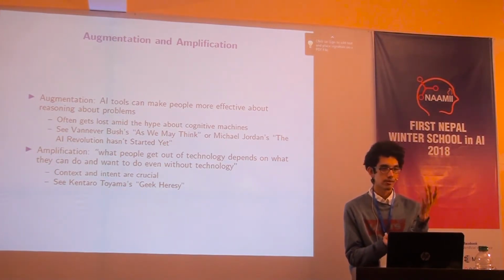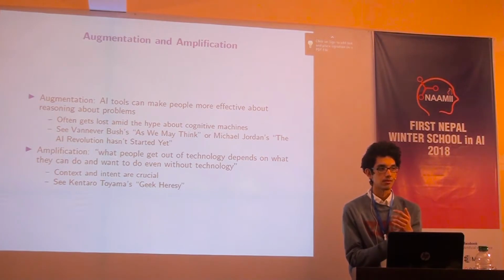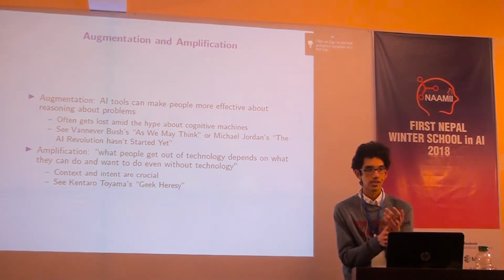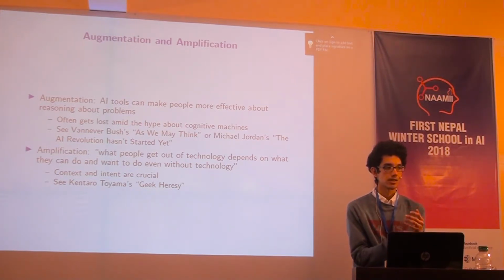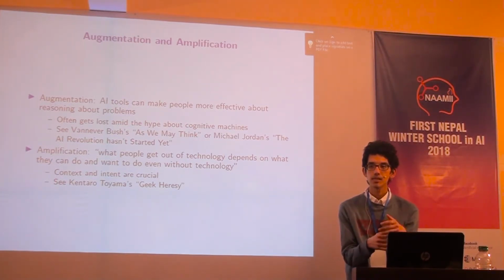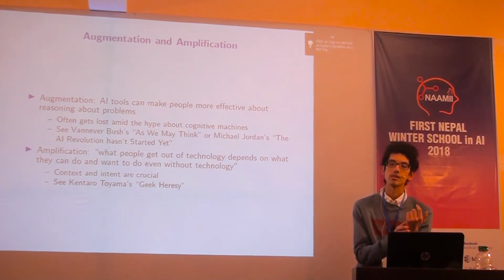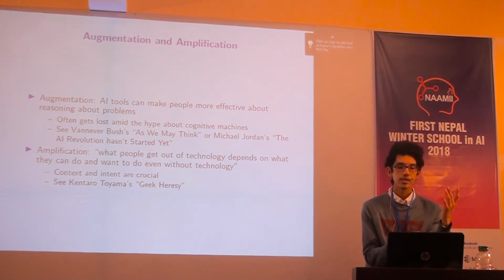Think about a movie recommendation system. It's just telling you something you were going to do. Or Google Translate, it's helping you make a communication exchange, but it's not an independent reasoning agent. It's just giving you an ability that you didn't previously have, so it's augmenting your ability.